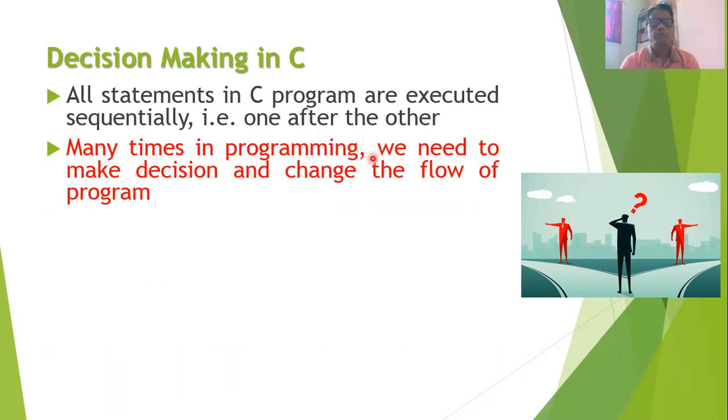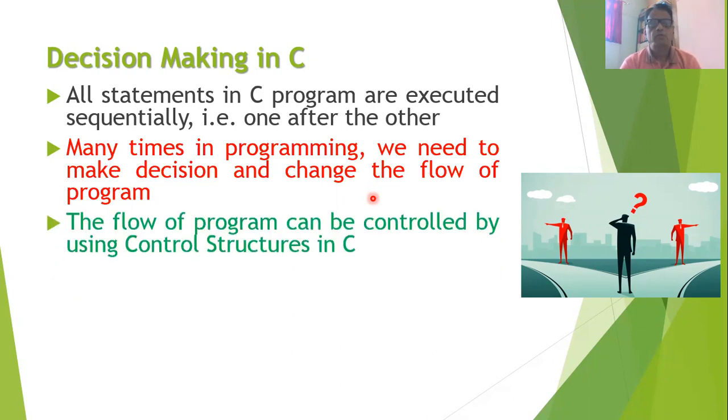But many times in programming, when we want to implement a decision, we want to change the flow of the program. That is, we need to control the flow of the program based on certain conditions. The flow of the program can be changed by using the facility provided in the programming language, and that is called control structures. So in C programming language also, there are different control structures with the help of which we can change the flow of execution of the program.